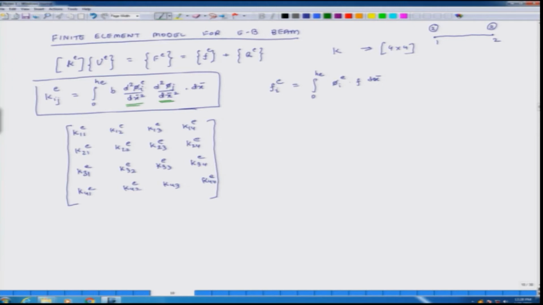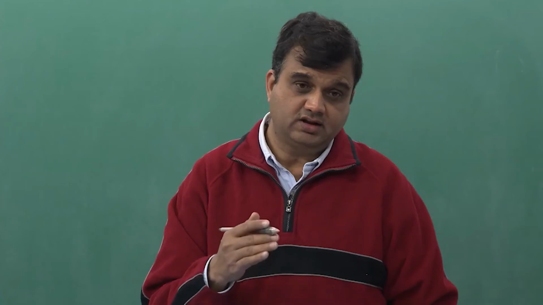So, if I replace phi i with phi j and phi j with phi i, I will get the same value, which means that Kij will be the same as Kji. So, the K matrix is again symmetric, and it is primarily coming because my B functional was bilinear and symmetric.